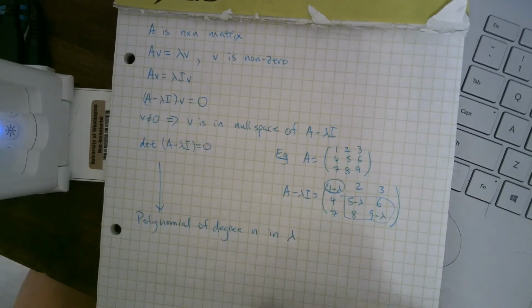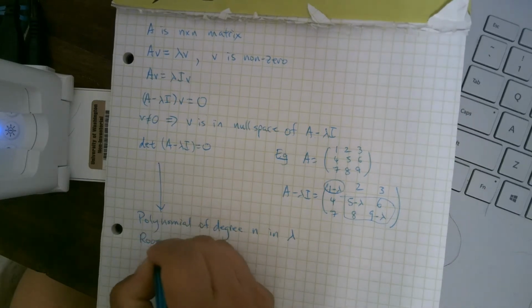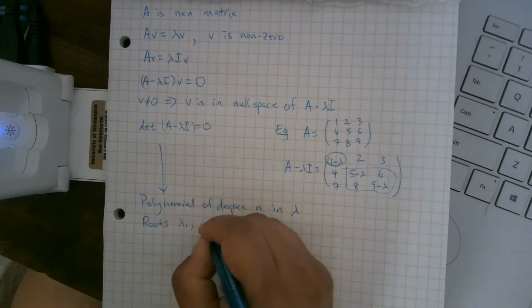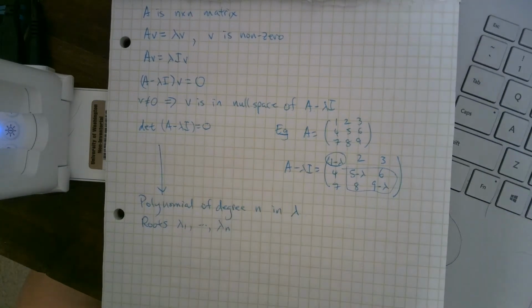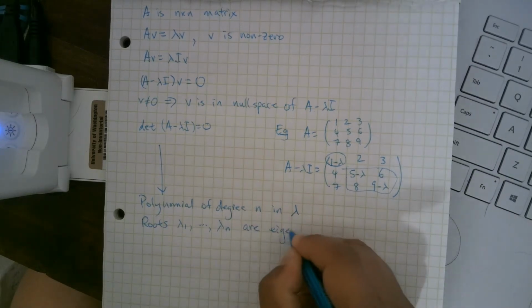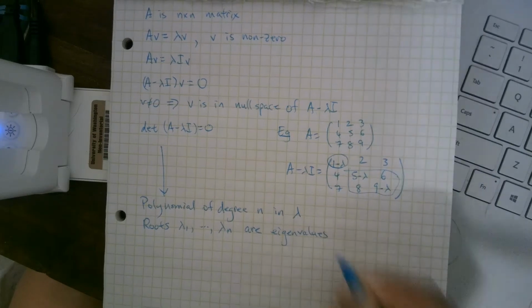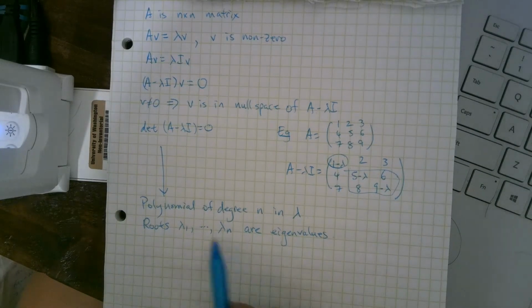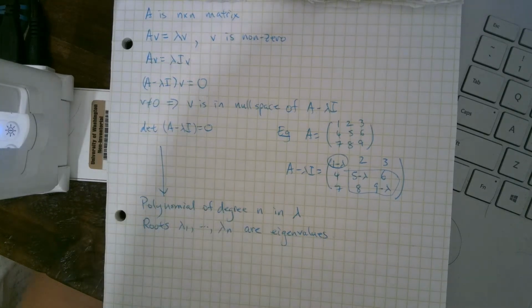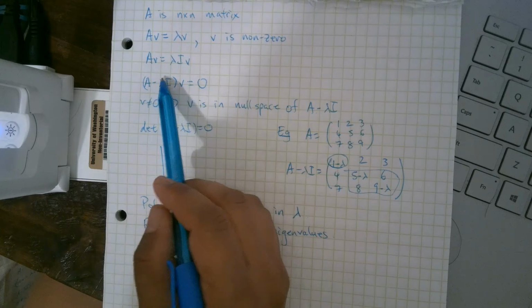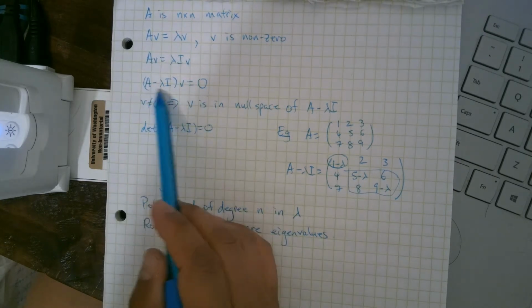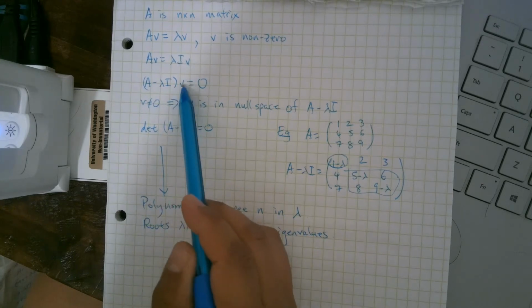So what does that mean? That means it has roots. It might not have all real roots. It definitely has all complex roots. So the roots lambda 1 through lambda n are the eigenvalues of the matrix A. Why is that? Because those are exactly the numbers that create situations where the determinant of A minus lambda I equals 0, which allow us to create this situation where this matrix has a null space and this vector is in the null space.